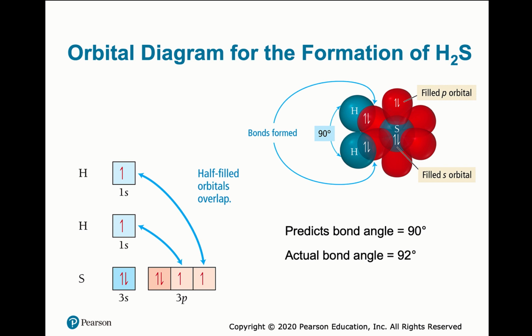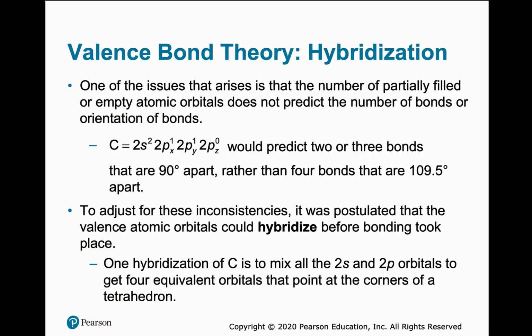It has to do with the fact that it actually forms hybridized orbitals. So the hybridization, in this case, like with carbon, there's 2 electrons in the 2s orbital and 2 in the 2p's. And one of the p's is empty.